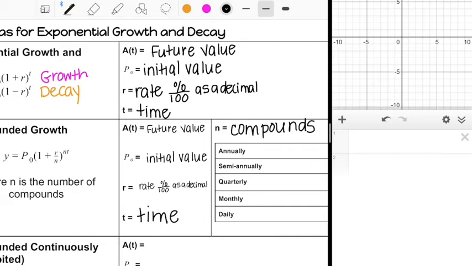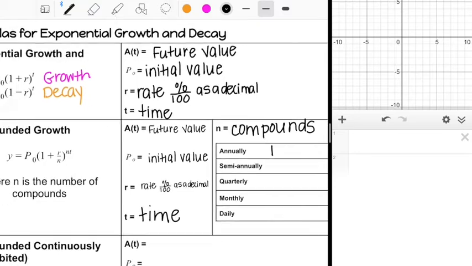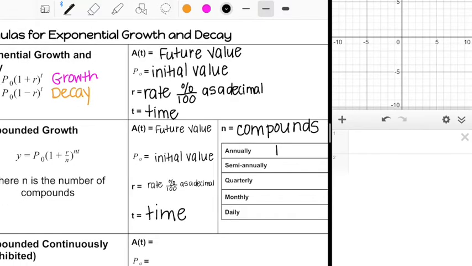When we're talking about the number of compounds, annually means it's going to occur 1 time a year. Semi-annually means it's going to occur 2 times a year. Quarterly, just like 4 quarters in a dollar, is going to occur 4 times a year.